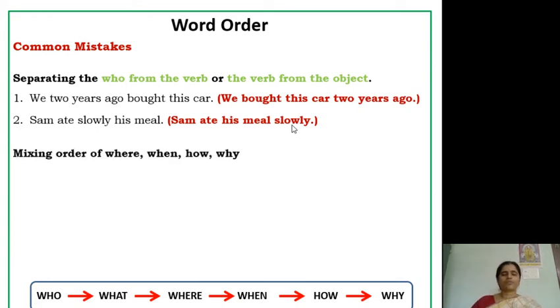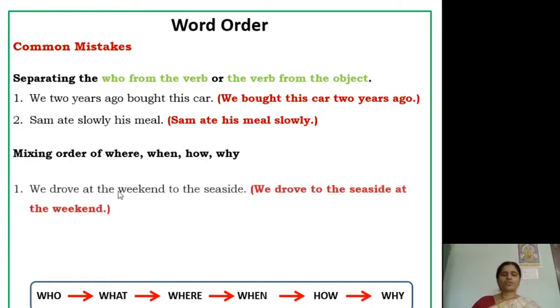Now sometimes we mix up the order. Let us see the example. We drove at the weekend to the seaside. We have different elements in this sentence. The first element is the subject, we. Drove is the verb. At the weekend is the time element, that is the when element. To the seaside is the place element, that is where.